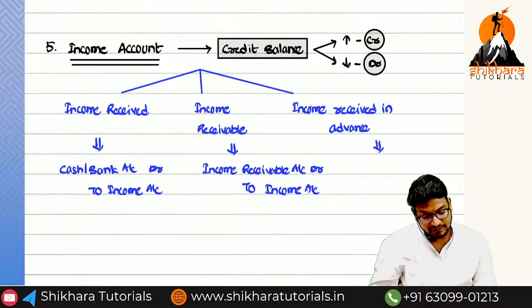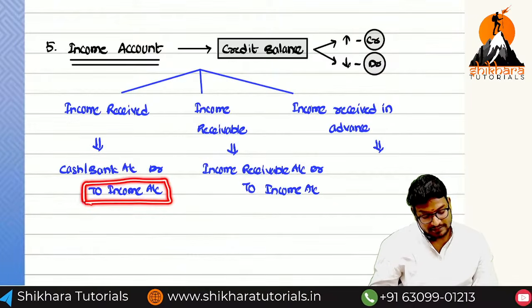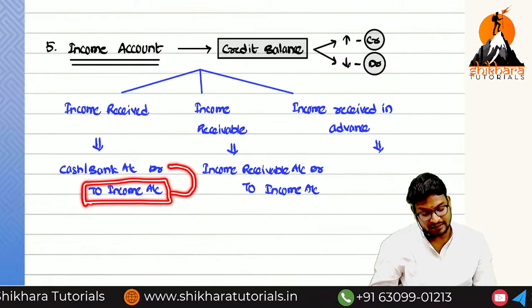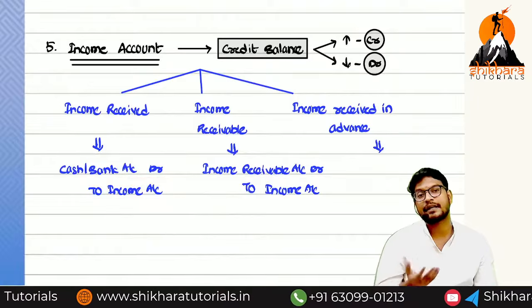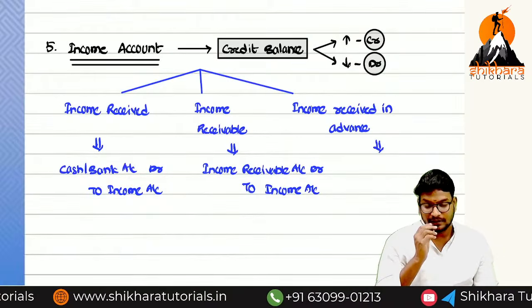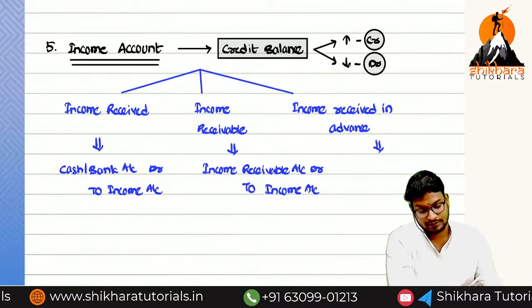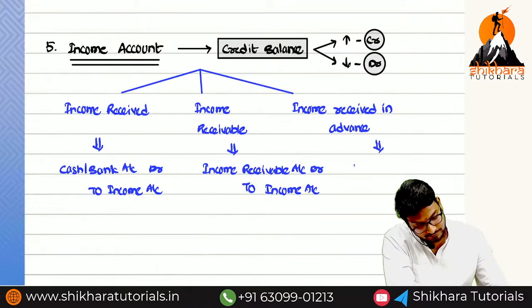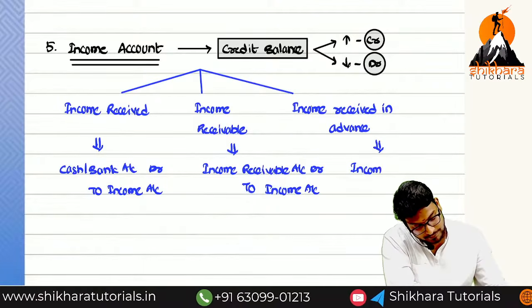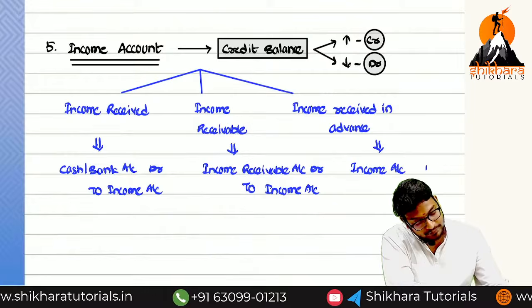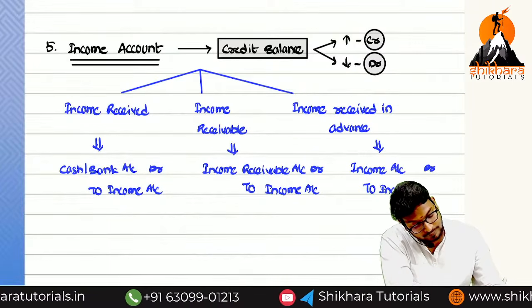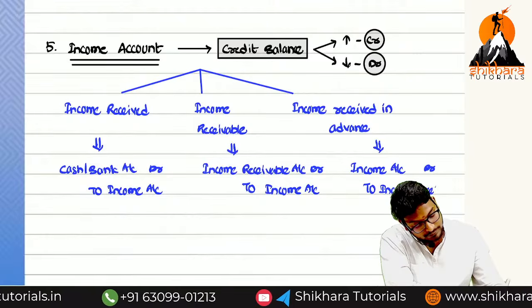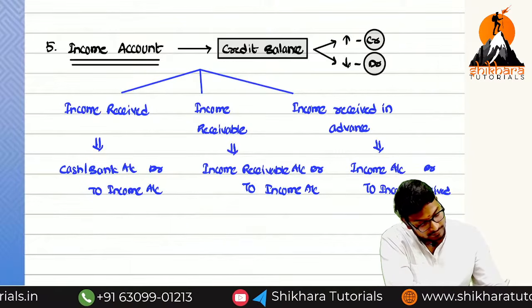That means how much income do we have to decrease? 2 lakhs. Decrease means which side do we have to transfer? Debit side. So what is the entry coming to the picture? Income account debited to income received in advance account.